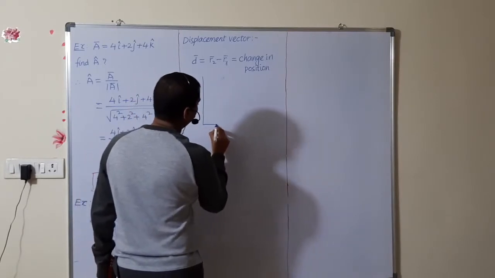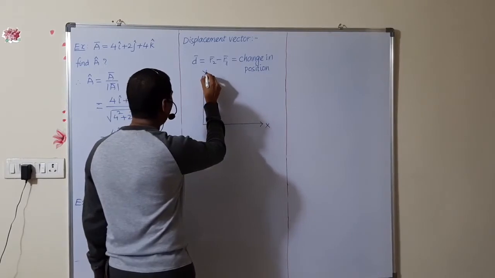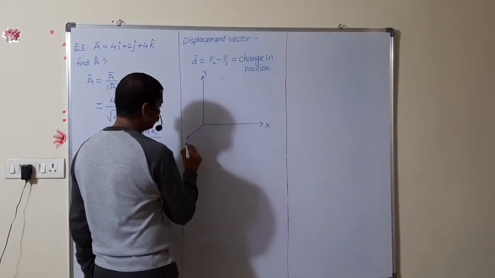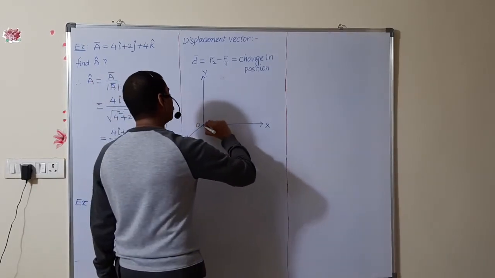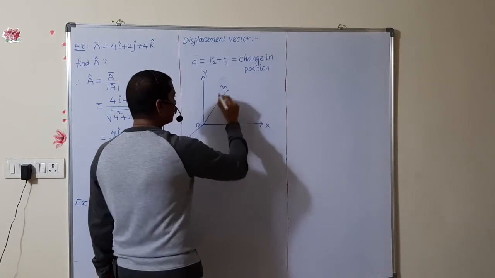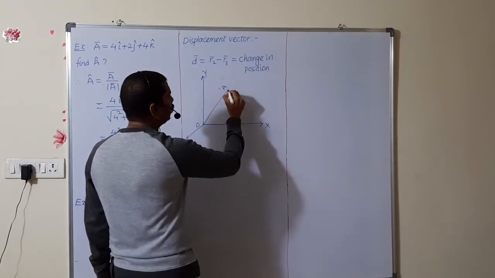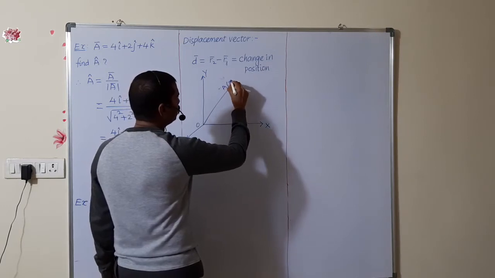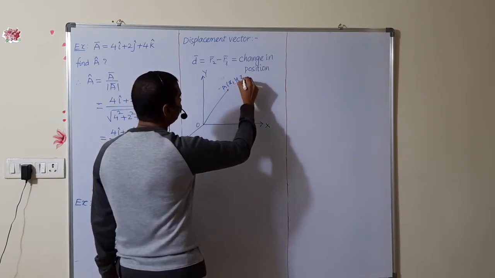Now I am taking this as the x, y, and this is the z axis. From the origin we have one vector. This is the point A, a point having the coordinates x1, y1 and z1.